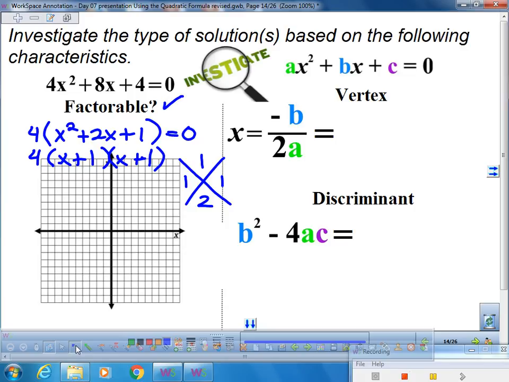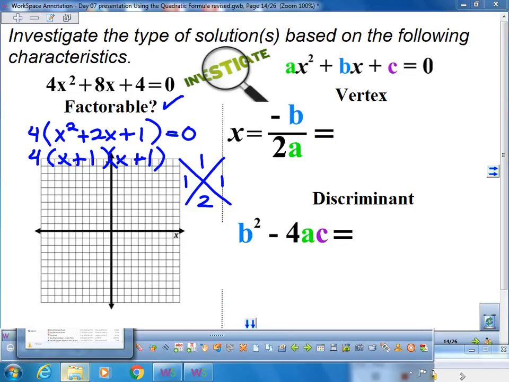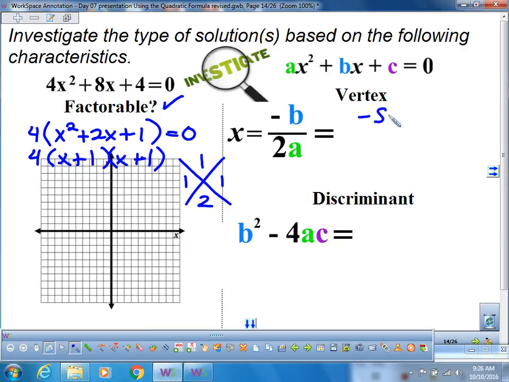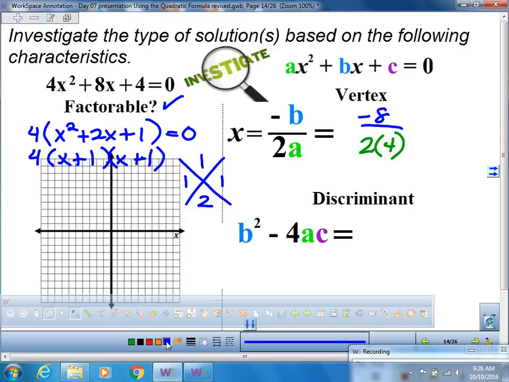using the quadratic formula. So B happens to be 8, so I have negative 8, and A happens to be 4, so I'm going to put 2 times 4, which equals negative 1. Negative 8 over 8 is negative 1. Well, if I were to factor this, I already knew I was over at negative 1, right?